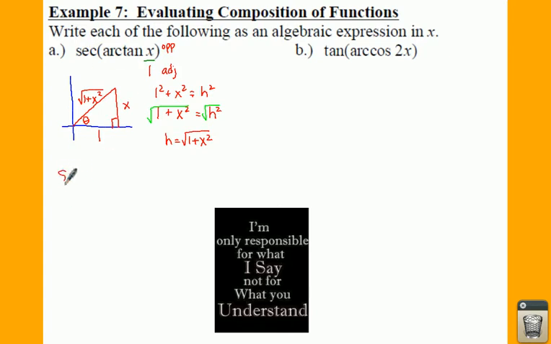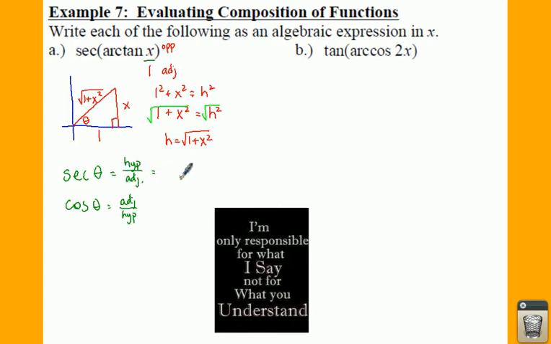Secant of theta is your inverse of your cosine. So if we're trying to find the secant of theta, remember your cosine is your adjacent over your hypotenuse. So that means that our secant is going to be the hypotenuse over our adjacent side.